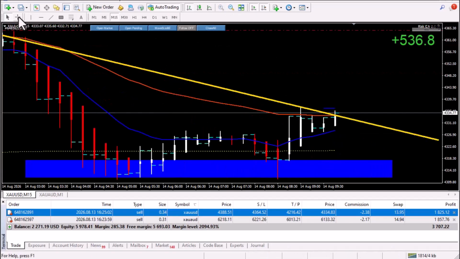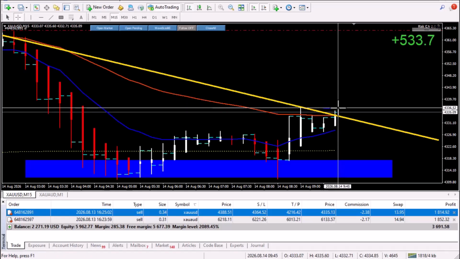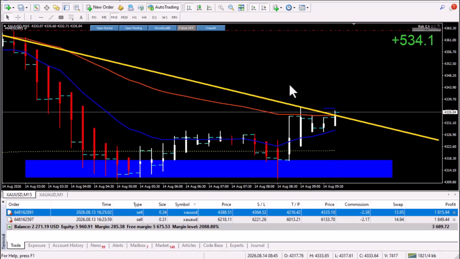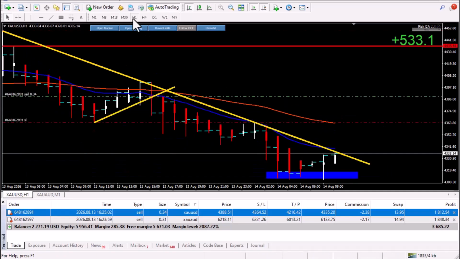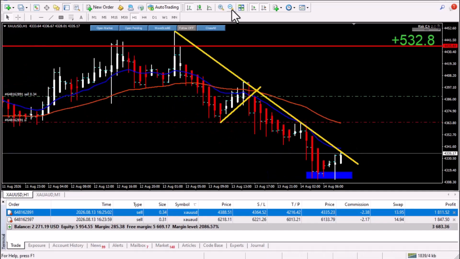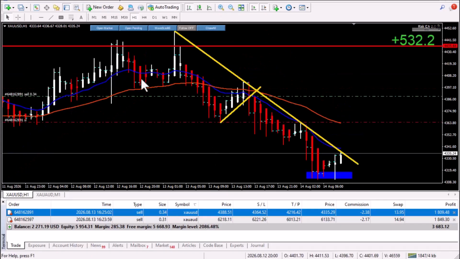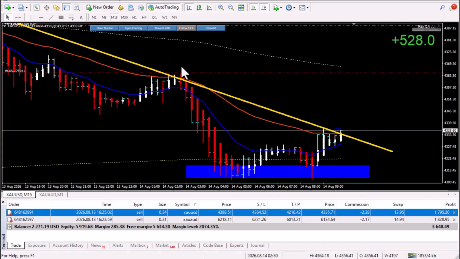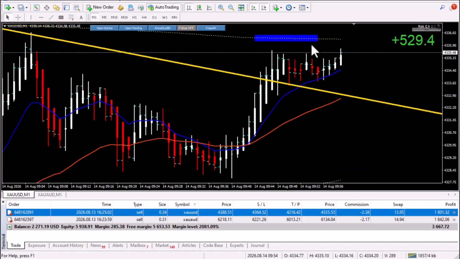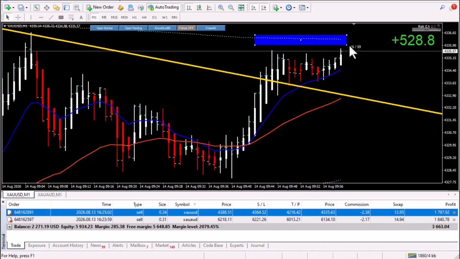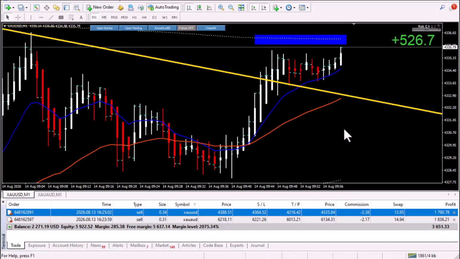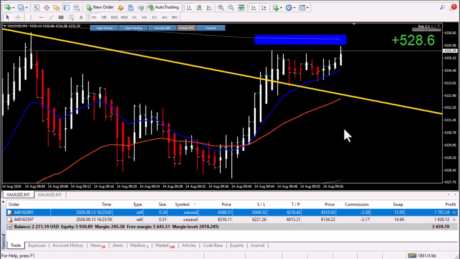M15 is not good. If it closes above the previous M15 candle highs, then we will close it. On the one hour we are close to the 12 EMA, and it is again close to the 633 EMA. Come on.